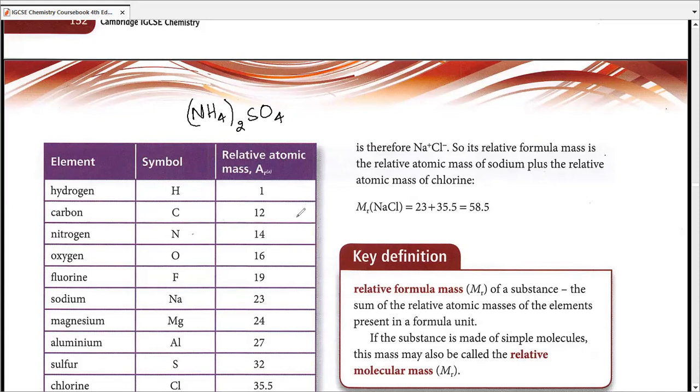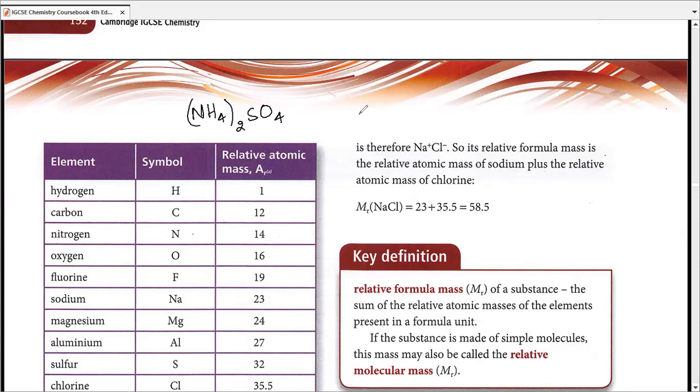How are you going to calculate its mass with brackets written in the formula? Do you remember how we are supposed to do that? No, I forgot. Okay, so it's like that.